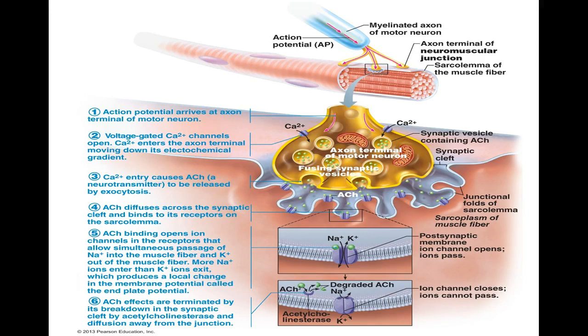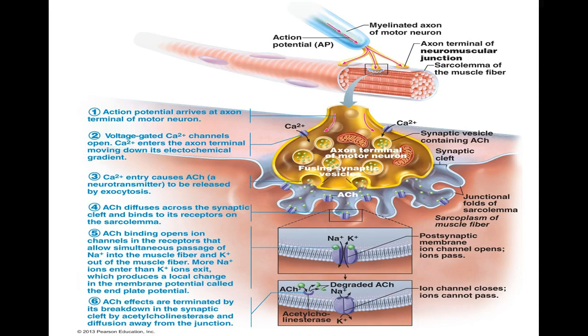It goes in and will lock into receptor sites on the sarcolemma, the junction or the fold of the sarcolemma. That locking in then changes the permeability of the sarcolemma, and that change in permeability causes potassium to be pumped out and sodium to move in to the sarcoplasm.